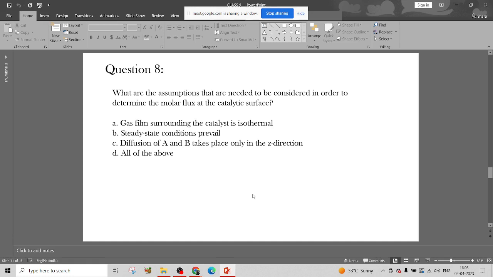Okay, so the assumptions here that we wanted to take is first, the gas film interface is isothermal, that is temperature is same. Two is steady state. Three is the diffusion taking place only in Z direction.